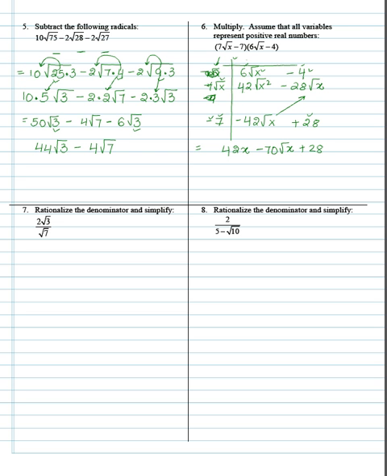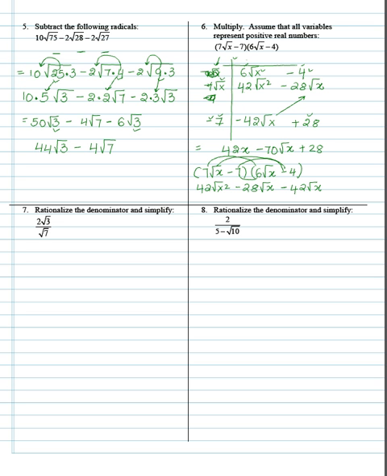That's one way of doing it. Or, if you want to do it the regular way, 7 radical x minus 7 times 6 radical x minus 4. 7 times 6, 42 radical x squared. 7 radical x times negative 4, negative 28 radical x. Negative 7 times 6, negative 42 radical x.